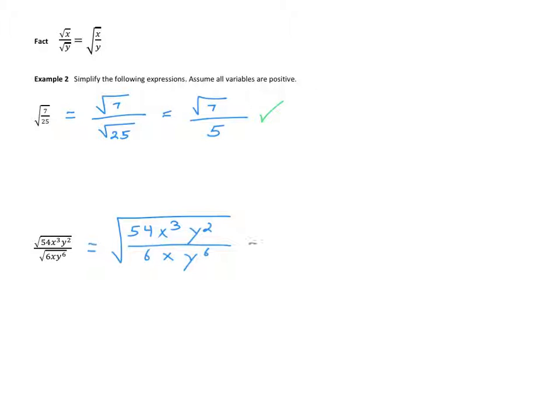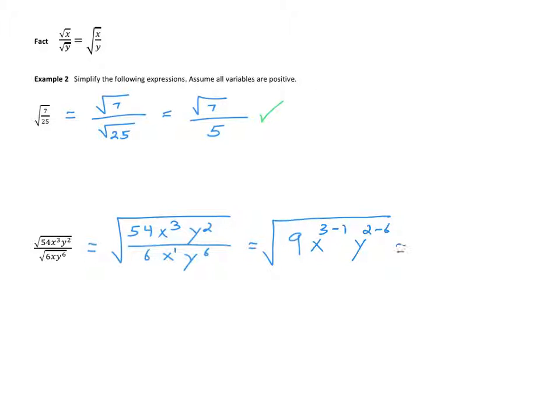By that I mean 54 divided by 6 itself is just 9. Okay, here we have x cubed divided by x to the first. That's x to the 3 minus 1. And similarly for the y's, we have y to the 2 minus 6. I can subtract the exponents.